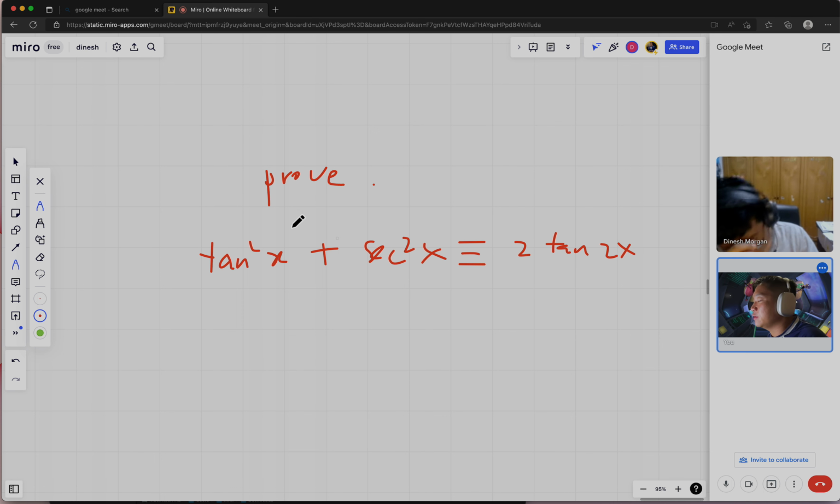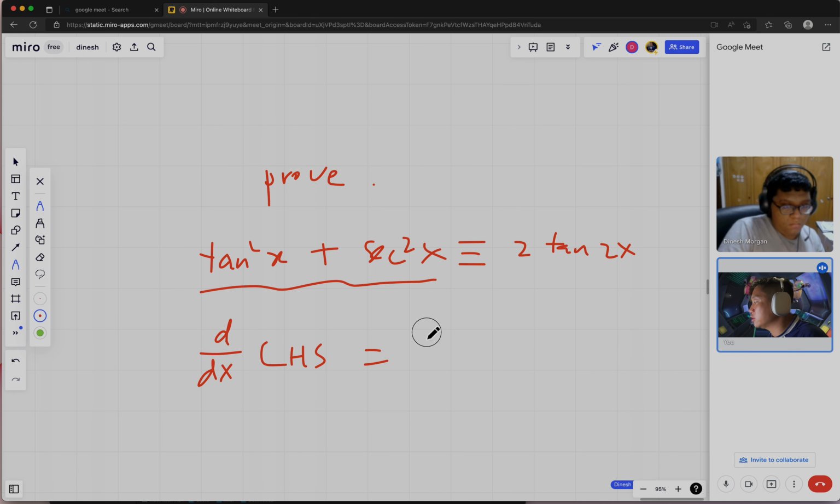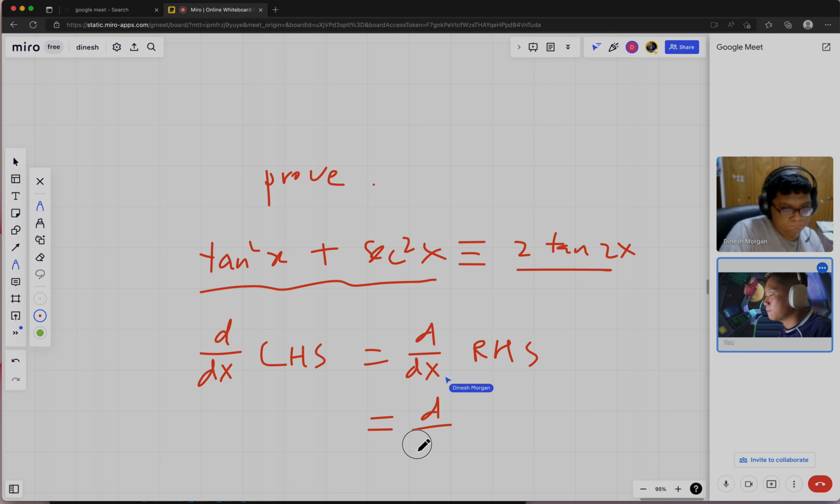Basically this is very complicated. But if they ask you to differentiate your left hand side, you can actually differentiate your right hand side, which is much simpler. Is it this type of question?